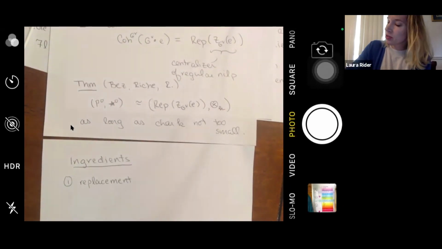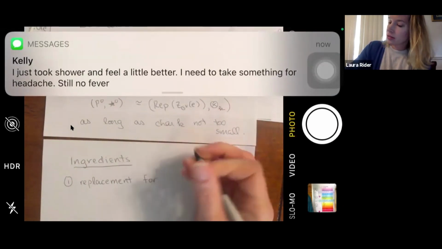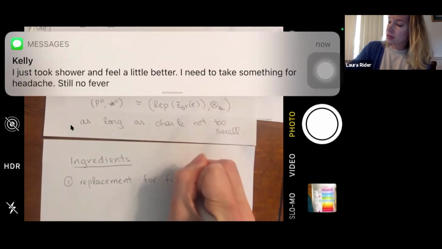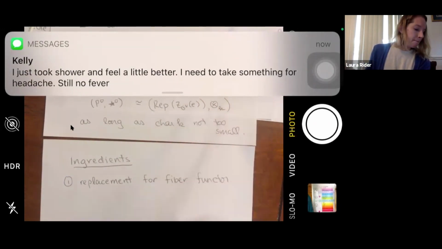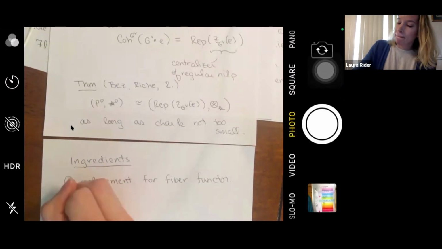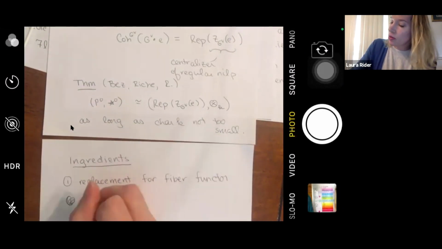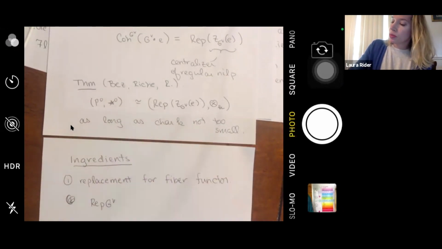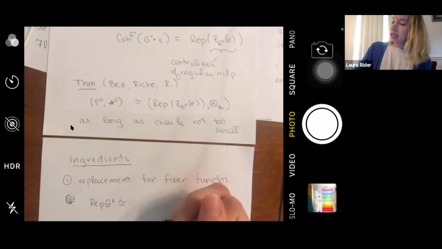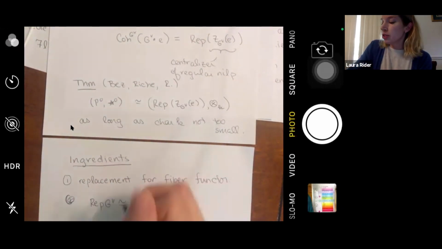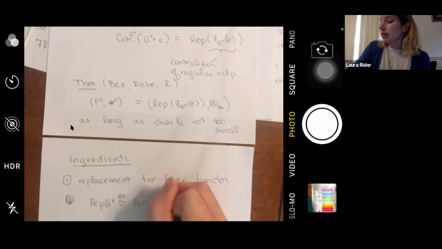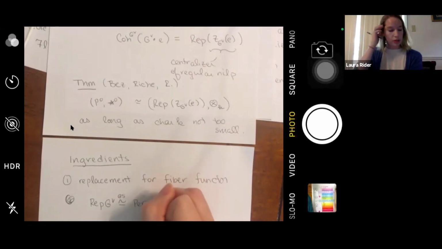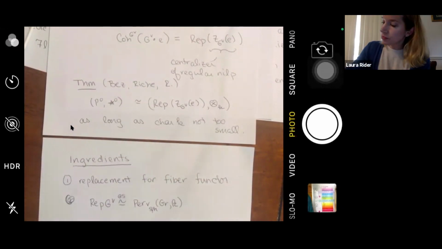All right, so ingredients. A replacement for the fiber functor. We take representations for the dual group, and this is equivalent via geometric Satake to perverse sheaves on the affine Grassmannian that are equivariant with respect to the spherical.